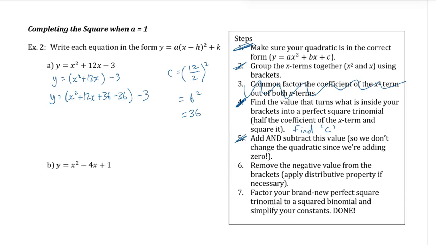We're done 5 steps. 6, remove the negative from the brackets, apply distributive property if necessary. That part we don't have to do again, because we don't have an a value up front, so we don't have to worry about that. That's Monday. Monday we're going to learn what to do when you have an extra number.